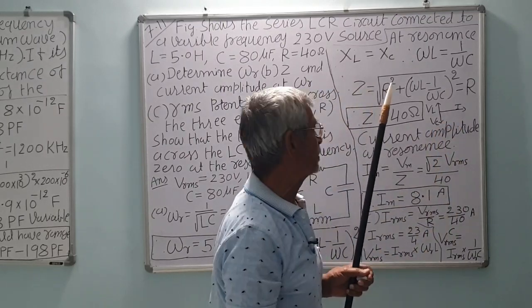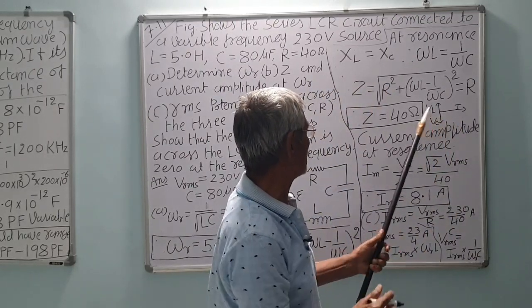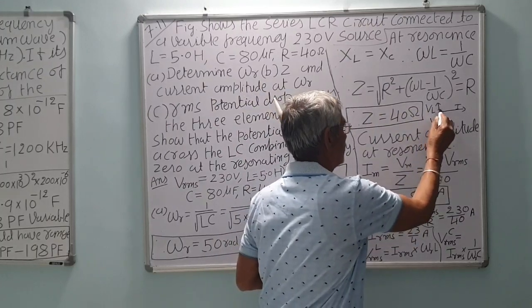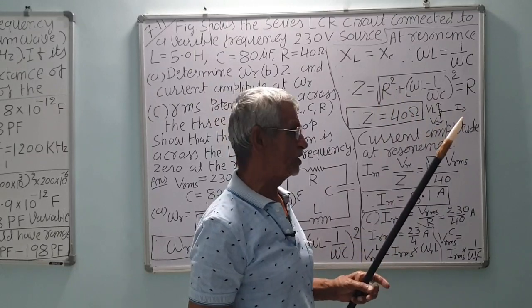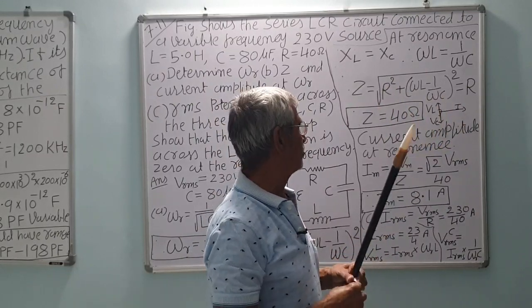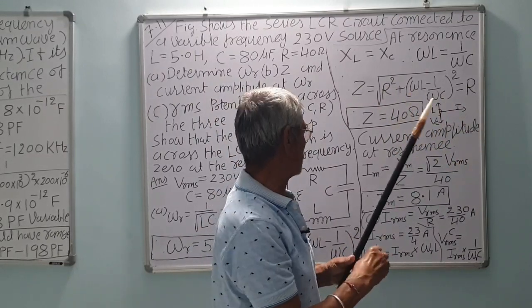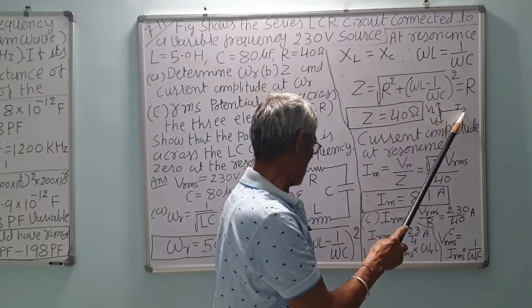These are out of phase, they are added vectorially by 180 degrees. So the net VL minus VC, or VC minus VL, is 0. So the net potential drop across this is 0. So there is only the potential drop across the resistance.